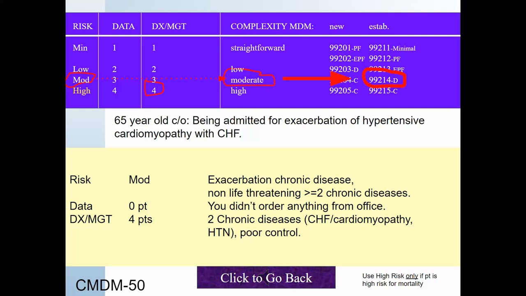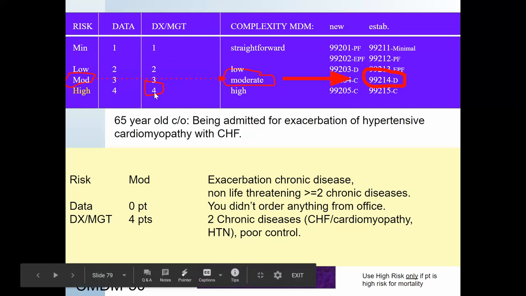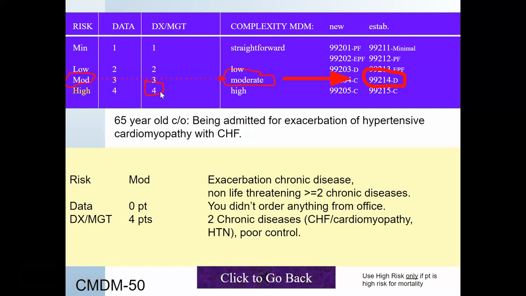So we get ourselves 4 points there. But again, I don't have 2 levels of this high in common. Therefore, this level needs to move down so that these 2 levels now have 2 levels in common. Moderate risk, 99214. Detailed documentation is required for this section as well.